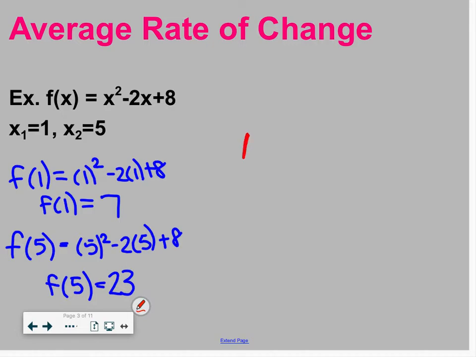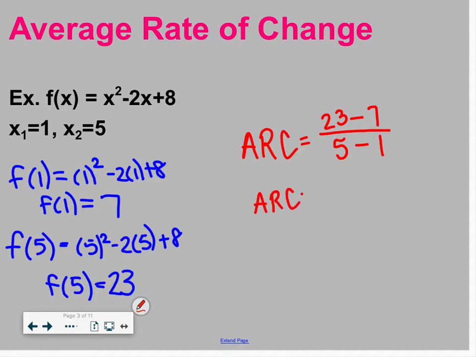So then, to find our average rate of change, we need to take the difference of our y values over the difference of our x values, making sure that our coordinates are consistent. What is our average rate of change?